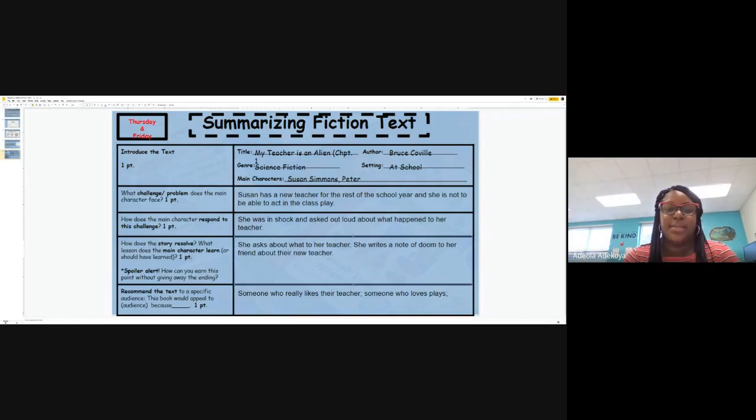And then the main character, I'm going to state what the main character wants. Her name is Susan Simmons. So what does she want? She actually wants her former teacher back so they can have a play.